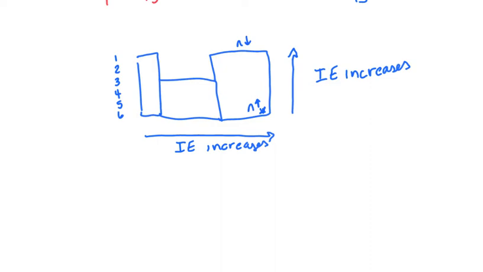Our ionization energy is going to increase as we go from left to right because, as we saw in the last video, our Z effective is increasing as we go from the left to the right. So we can think of it as the stronger that our nucleus is, the more of a hold it's going to have on these electrons that we're trying to pluck off of the atom.